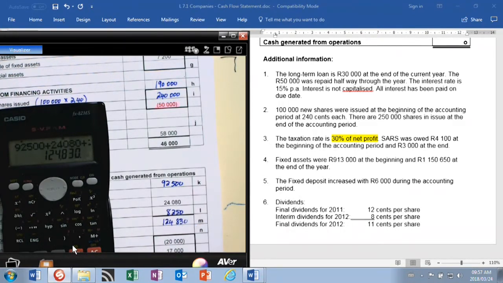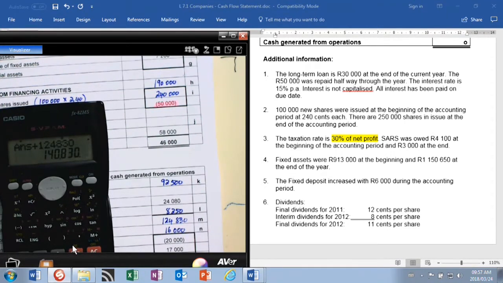That was already done for us. 17,000 plus 19,000 minus the 20,000 in brackets gives us 16,000, plus the 124,830, and that gives us 140,830.